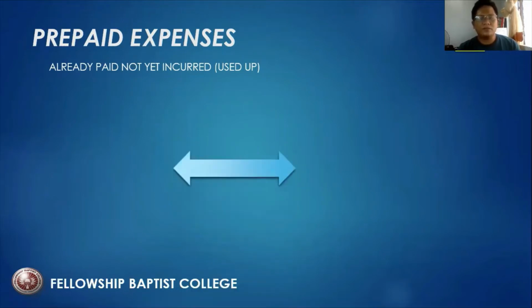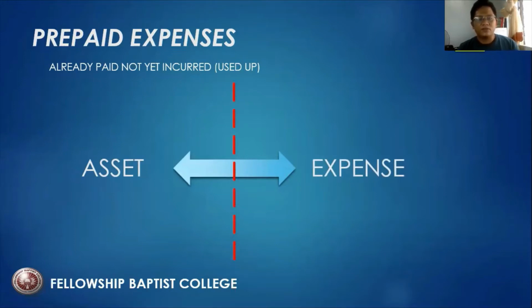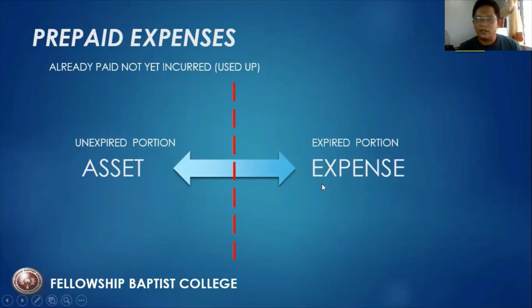So when we pay for an item, we can either record it as an asset or as an expense. At year end, we have to identify how much of the asset is still unexpired, or if we opt to record it as an expense, how much of the expense is already expired, and vice versa.